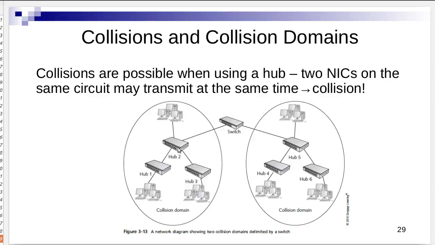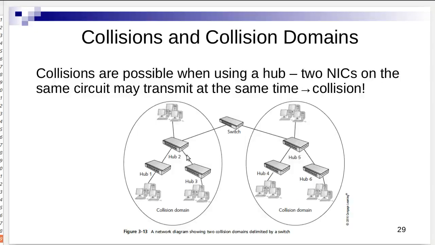Well, it will get to here, and so hub 2 will get 2 signals at exactly the same time, and it'll do some kind of addition in the electronic circuitry and send out the sum of those 2 signals out of all the ports, and that's going to be a collision that will be detected at the switch certainly, and at other NICs in the network. So all the other computers will detect that collision, and the original sources, the one over here and the one over here, will also detect it, and then they'll decide that you have to retransmit at a later time.